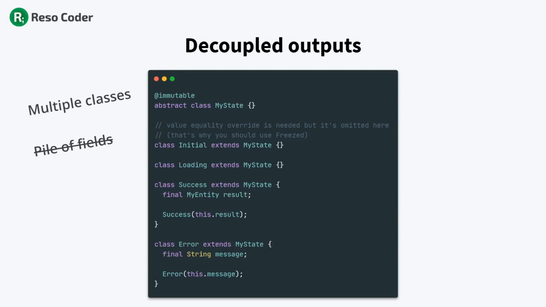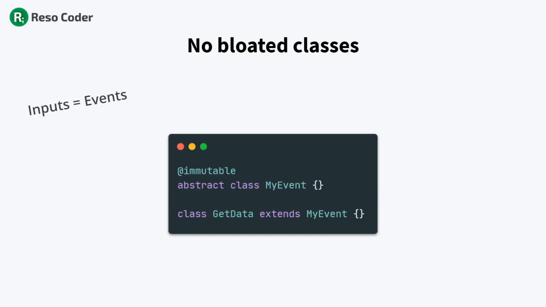The second limitation which we faced was bloatedness, and that stems from the fact that a single ChangeNotifier or MobX store or whatever is responsible for holding the state and also performing logic and also mutating the state and having the methods for it.